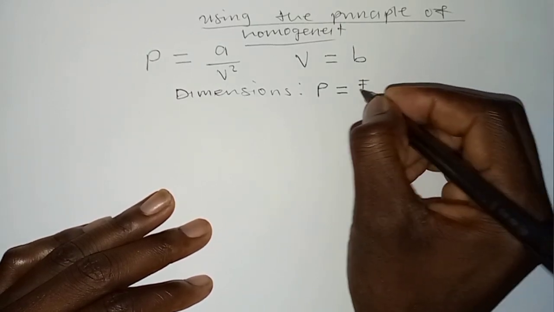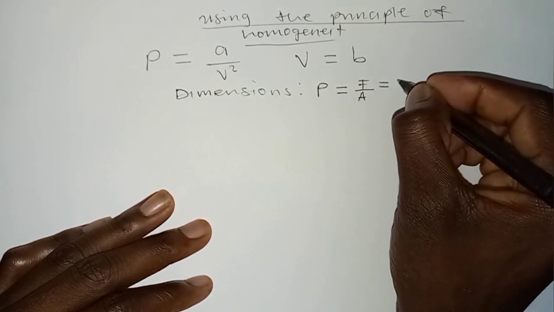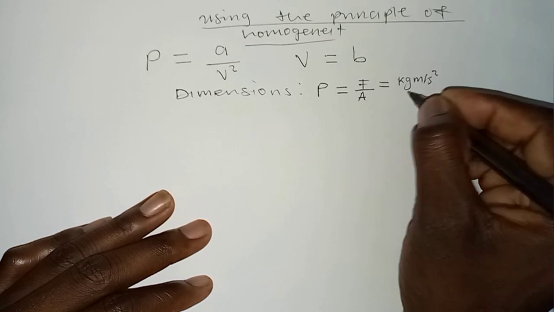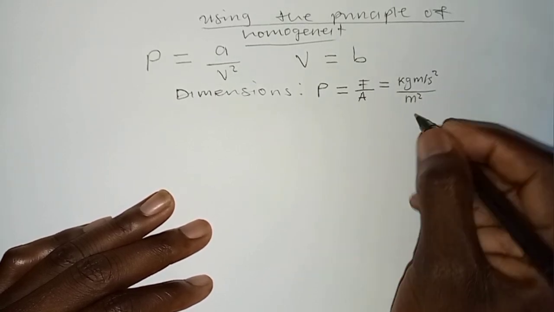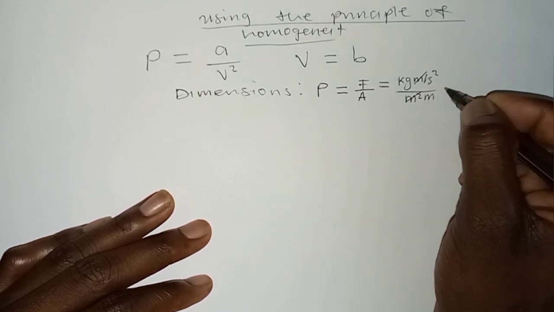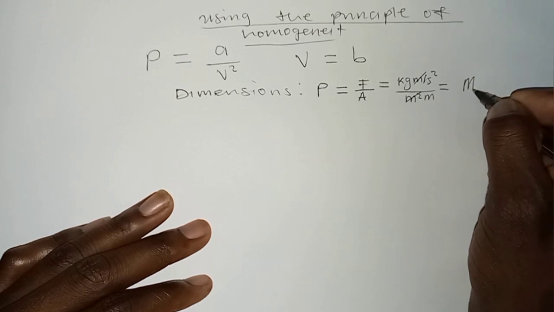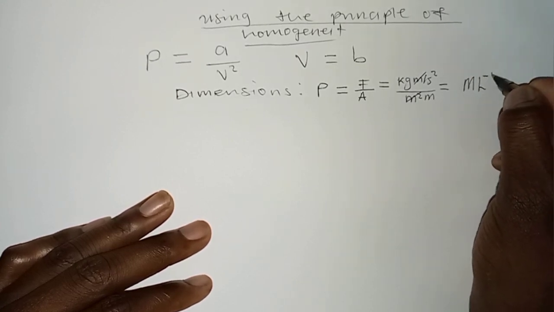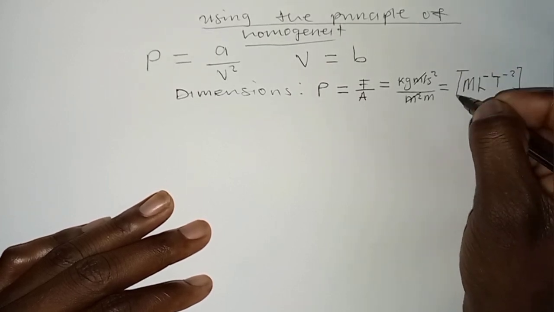Force is the same as kg meter per second squared, and area is the same as meter squared, so one of the m's goes. In the end, pressure is capital M, L to the power negative 1, T to the power negative 2. These will be the dimensions.